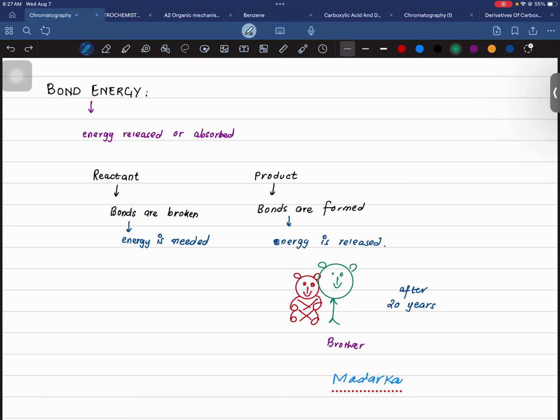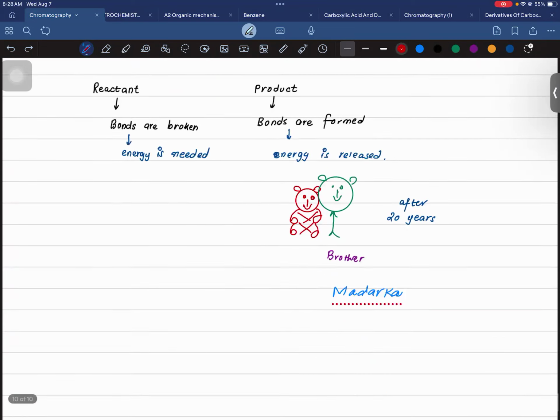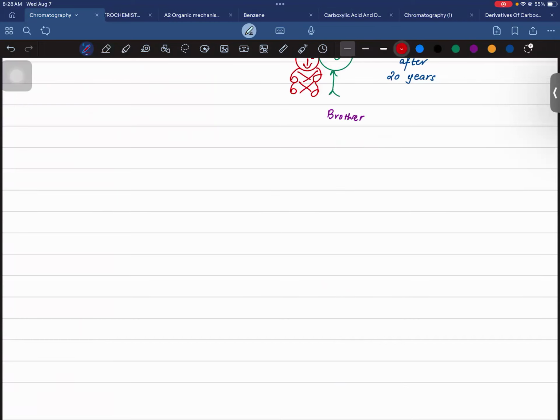So I am going to tell you the new definitions, but before that we need to understand what bond energy is. It may be absorbed if you break the bonds, and if you form the bonds, obviously it would be released. So it depends on the situation, right?